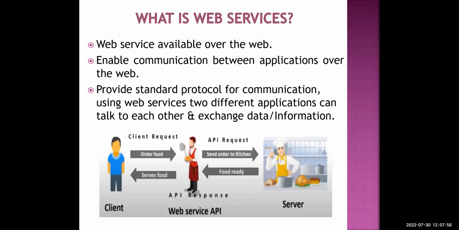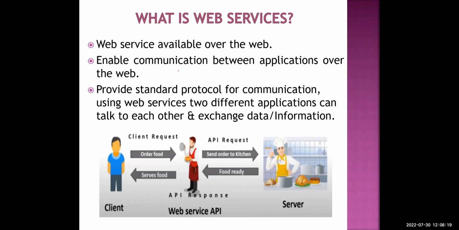So now the point is, what is a web service? As I told you, whenever an API is available or hosted on the web, that is called a web service. A web service is actually an API only, but wrapped in HTTP. I will say it is wrapped in a particular process. HTTP is what? Hypertext Transfer Protocol.